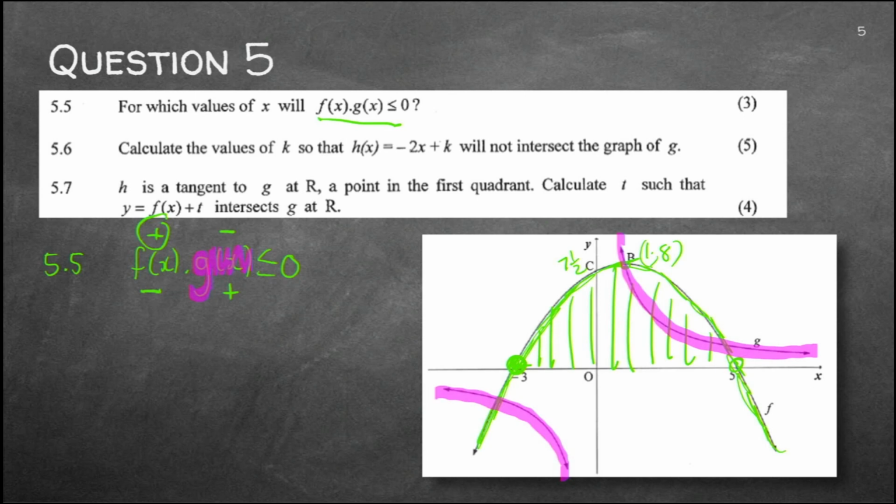Now look, where is g(x) negative? It's this whole section here. Now look at the x values. Is there somewhere where these two are overlapping with values? And you will see it's this section here. So from 0 and to -3, or -3 to 0 at least.